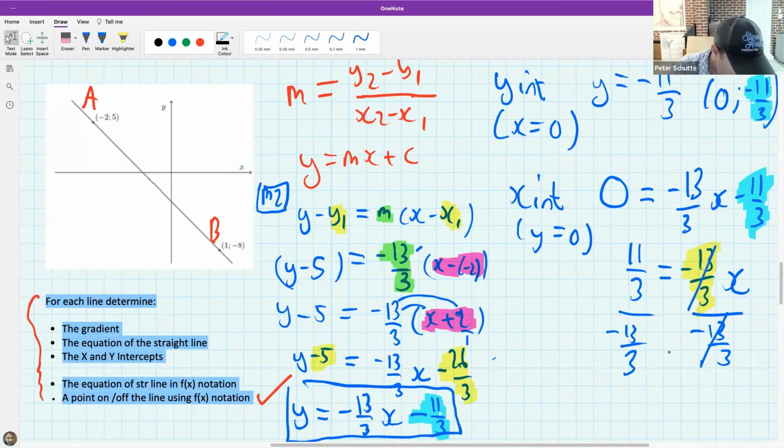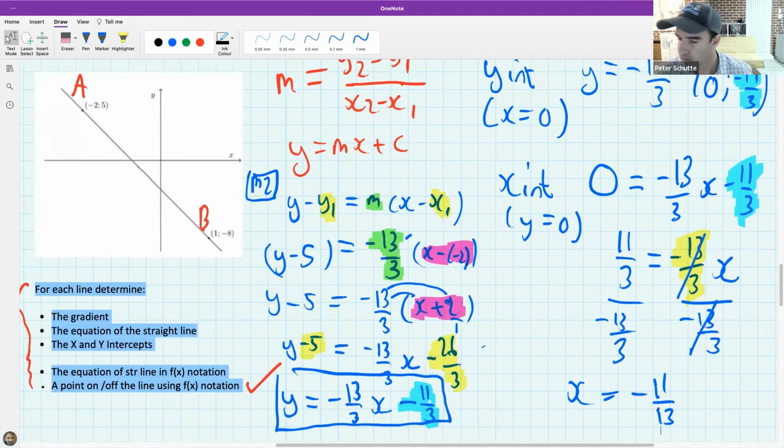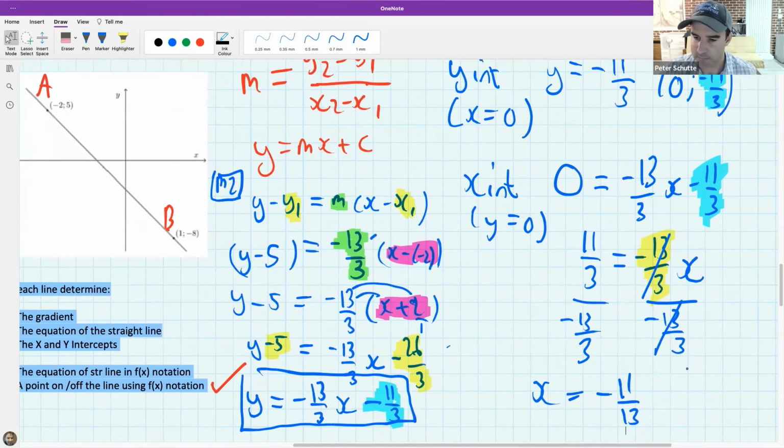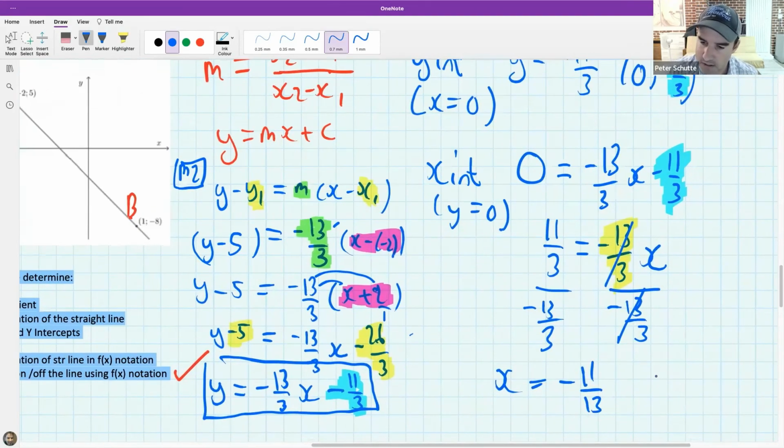Go. 11 divided by 3 divided by -13 divided by 3. Your final answer for x should be -11 over 13. What is my intercept going to be? My intercept is just going to be (-11 over 13, 0).